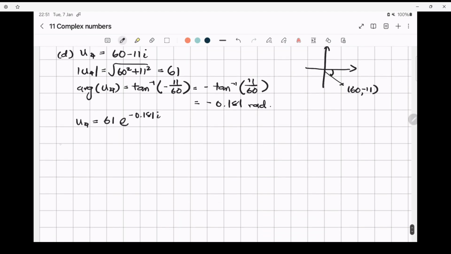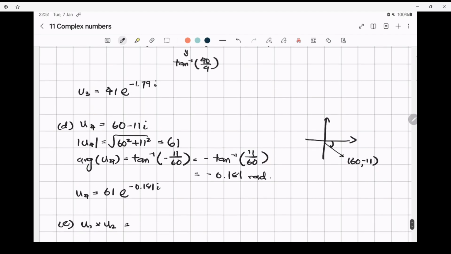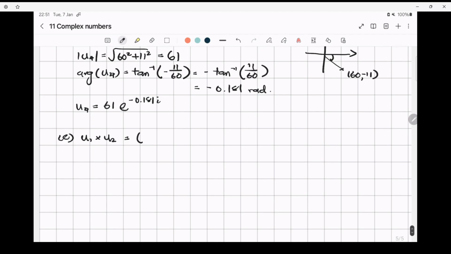So this will be E. E is U1 multiplied with U2. So of course you can do this. We know U1 is 8 plus 15i, and U2 is minus 12 plus 5i. So you can just multiply everything inside.